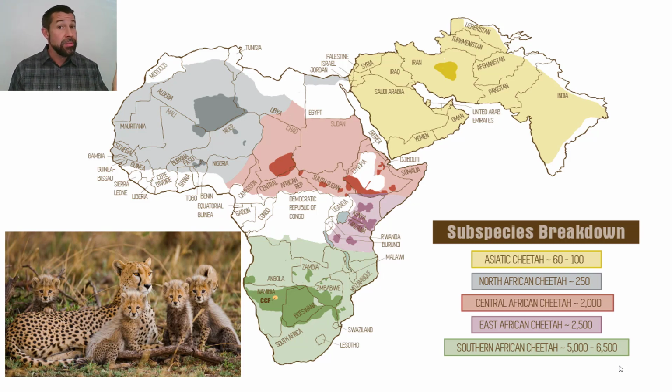Even if the kidney came from a sibling or a parent, with cheetahs, they are so genetically similar that you can take a skin graft from a cheetah in Botswana, here at the southern end of their range, and you can graft it to a cheetah in Iran, and you're not going to see an immune response because these cheetahs are so genetically similar to one another because of this bottleneck that they went through 10,000 years ago.